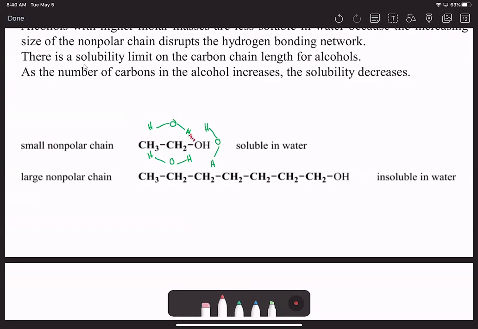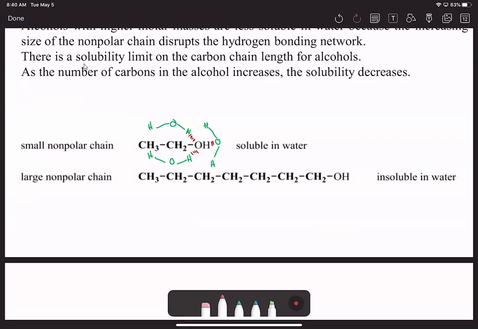So this is going to bond here. We'll make a hydrogen bond here. We'll make another hydrogen bond here. But we can see this small alcohol, you can physically see that I can get water around most of this small alcohol.